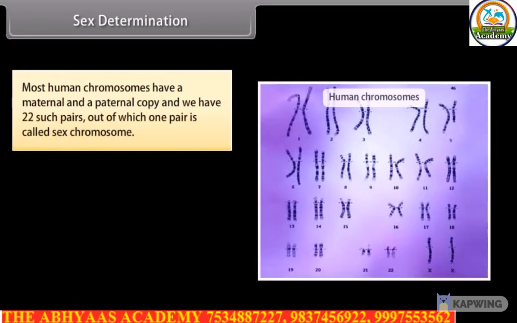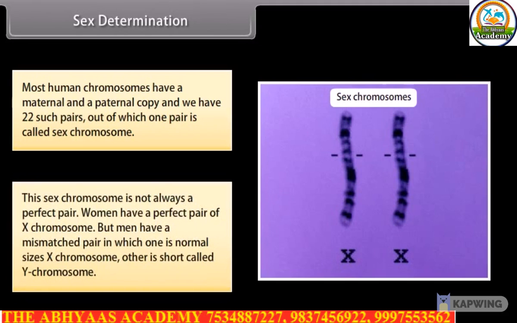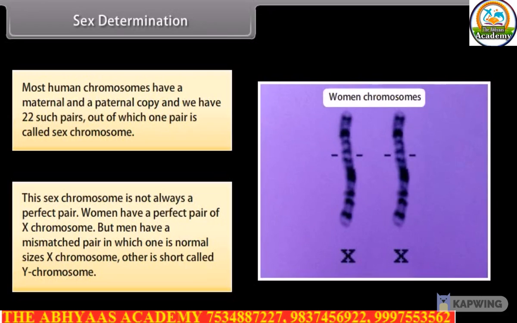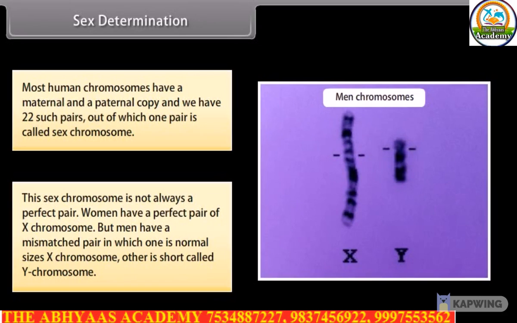Sex determination. Most human chromosomes have a maternal and a paternal copy, and we have 22 such pairs, out of which one pair is called the sex chromosome. This sex chromosome is not always a perfect pair. Women have a perfect pair of X chromosomes, but men have a mismatched pair in which one is a normal-sized X chromosome and the other is a short one called the Y chromosome.